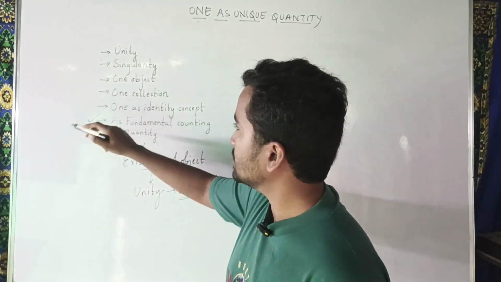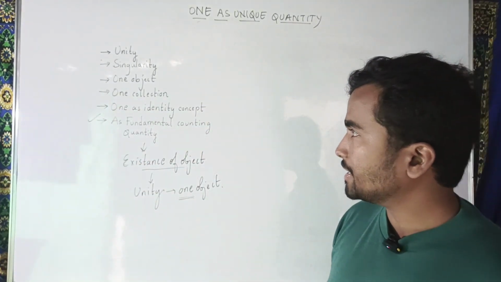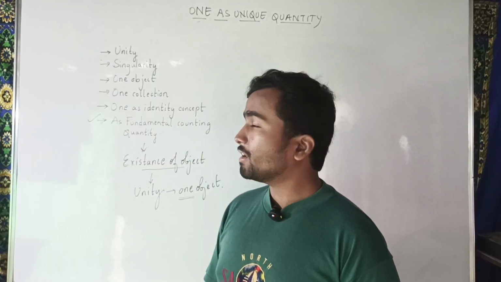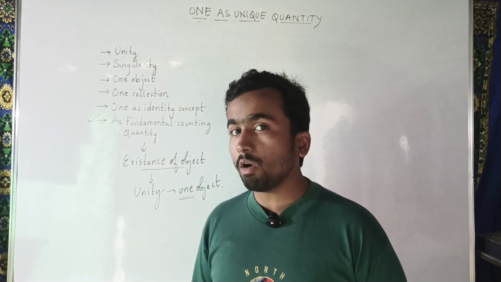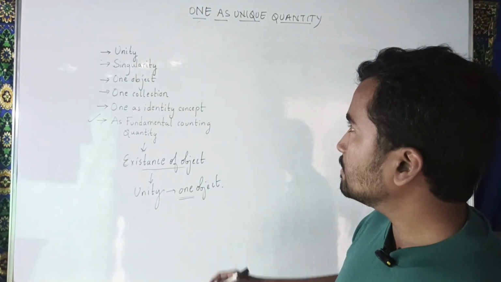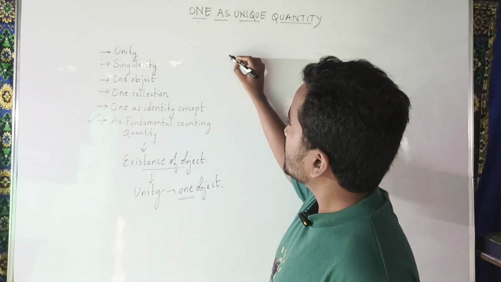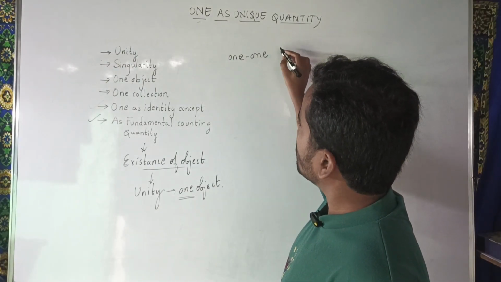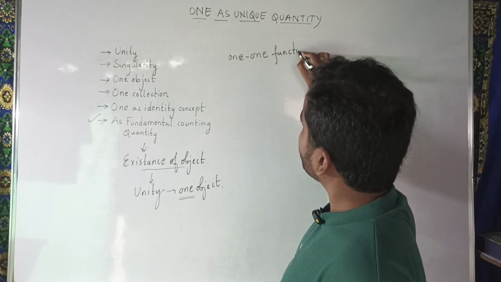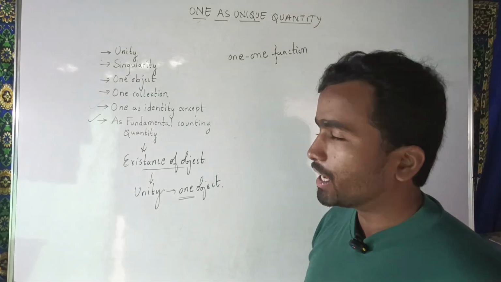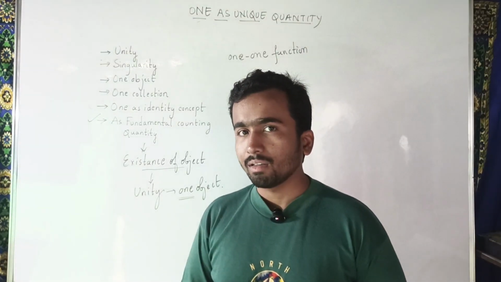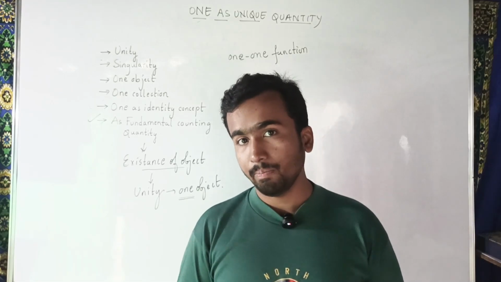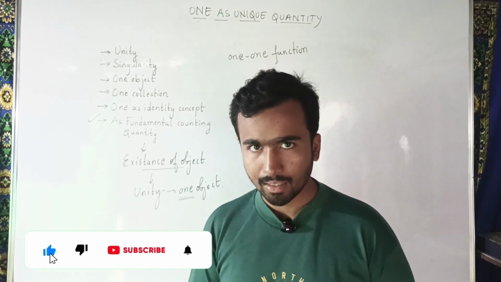Another aspect is one as an identity concept. Whenever you study the aspect of functions, there you will be introduced to the aspect of one-to-one function, right? Where one element has only one pre-image, right?